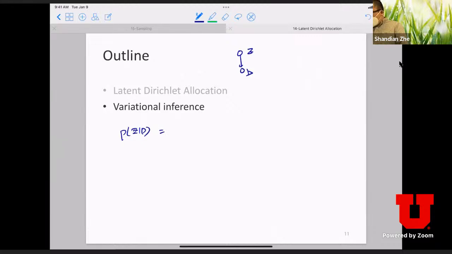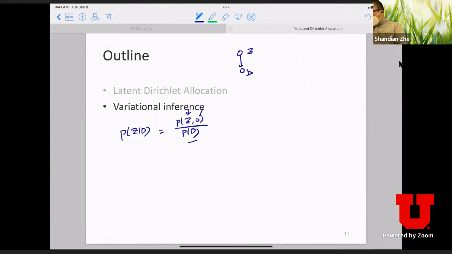Following the Bayesian rule, your computation of the posterior is to divide the joint distribution of your latent random variable and observed data by the marginal distribution of data. This formula is very simple and elegant, but it's really tricky to compute.